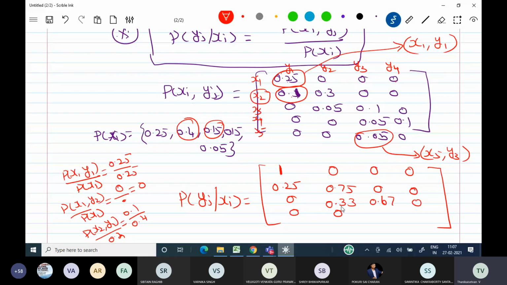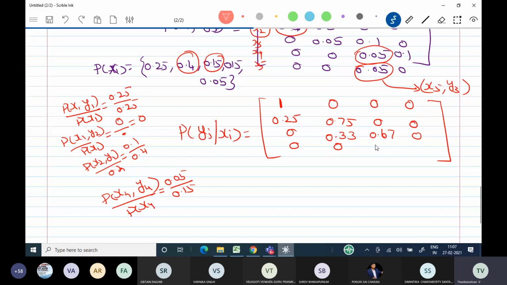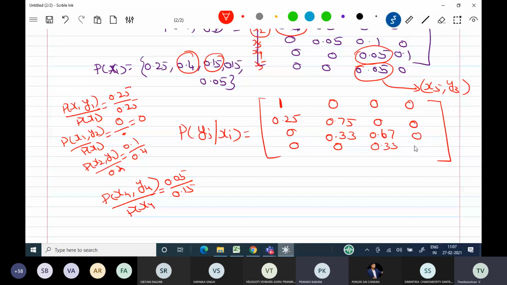Next one, 0, 0. This value I'll be writing: probability of x4 comma y4 divided by probability of x4, which is equal to 0.05 divided by 0.1. What is the answer? 0.5.